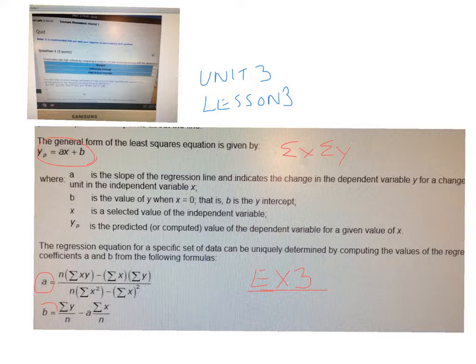And the day that we did that was, hang on a minute, Unit 3, Topic 3 came from November 3rd, okay? So go back to the calendar, please, and read that lesson over, work through these examples before you attempt the quiz again, and then you'll understand how to find the regression line.